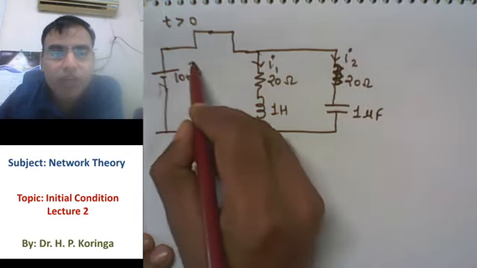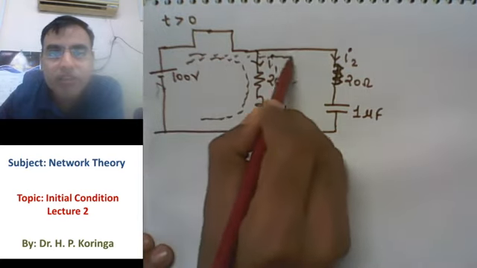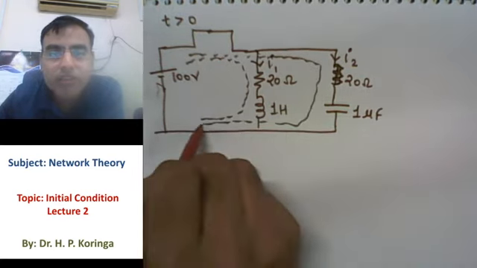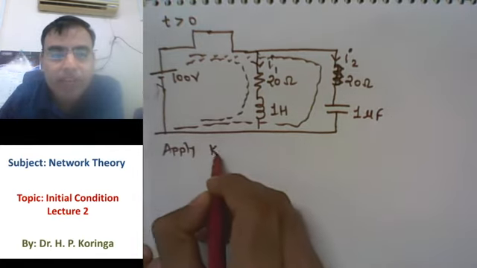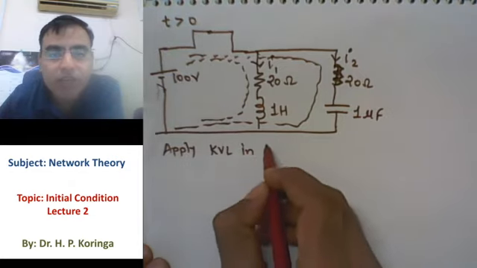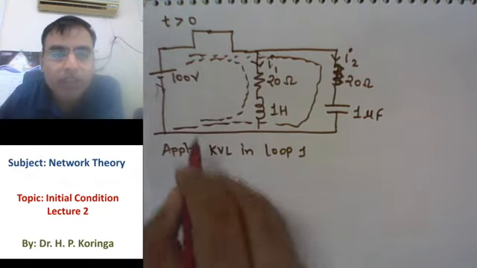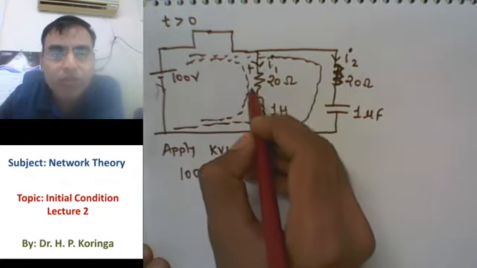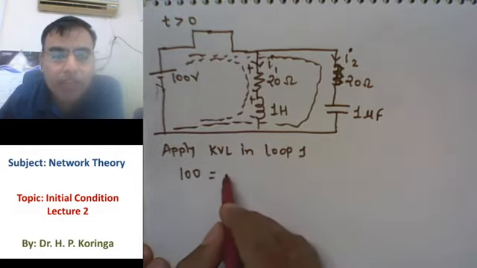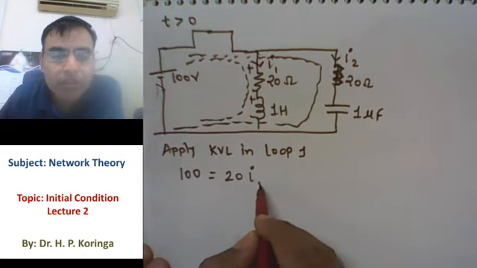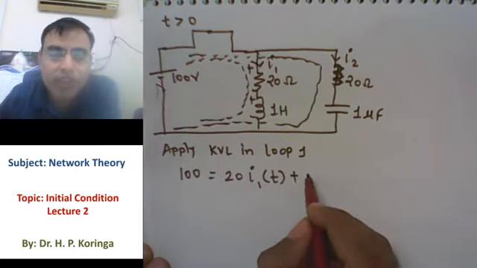So one loop is this, another loop is this. Let me apply KVL in loop 1. In loop 1, this 100 volt is applied in parallel to the voltage across R plus the voltage across L. The voltage across R is 20 multiplied by the current passing through it, which is I1 of t, plus the voltage across L, which is L di by dt.